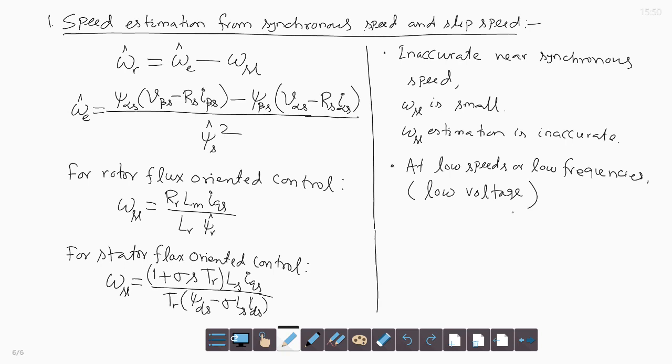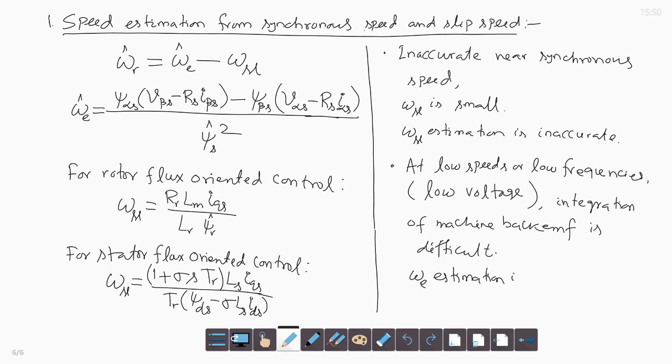So, integration of back EMF is difficult. Difficult means inaccurate. So, stator flux estimation is inaccurate. So, omega E estimation is inaccurate. So, this method of speed estimation fails in these cases.